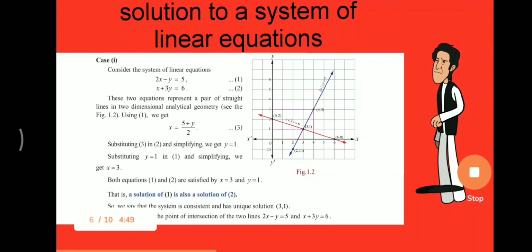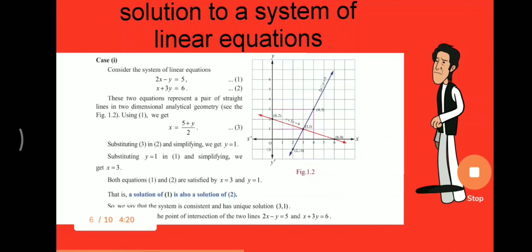When we solve these equations, we get x is equal to 3 and y is equal to 1. Both equations 1 and 2 are satisfied by these values. A solution of 1 is also a solution of 2. Then we say that the system is consistent and has a unique solution.